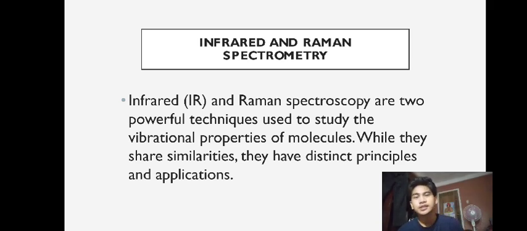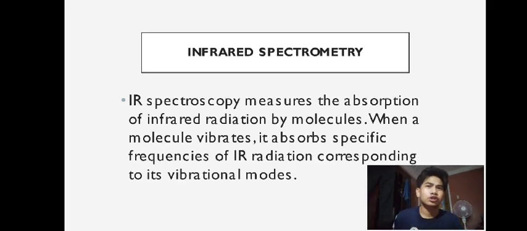While they share similarities, they have distinct principles and applications. Infrared spectrometry measures the absorption of infrared radiation by molecules. When a molecule vibrates, it absorbs specific frequencies of infrared radiation corresponding to its vibrational modes.